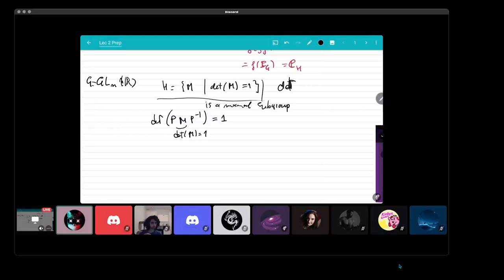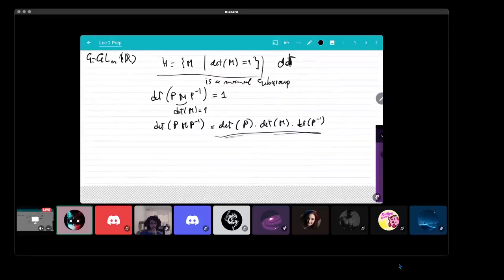The proof in a matrix environment is exactly using that the determinant preserves the multiplication law. So it's using that it's a group homomorphism.